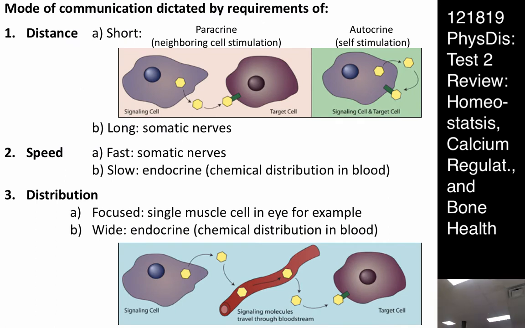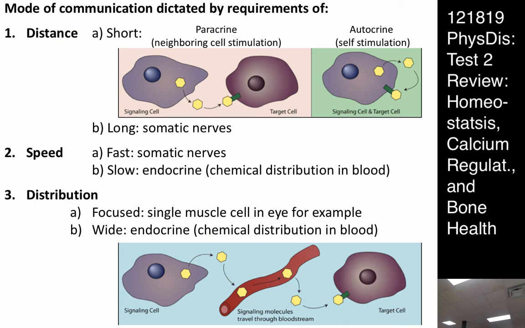Another thing that you'll want is the mode of communication. So we know that there has to be communication for these homeostatic systems, and exactly what kind of mode of communication is dependent upon these three factors: how far away the integration center is from an effector or whatever it happens to be that is being regulated, so distance.